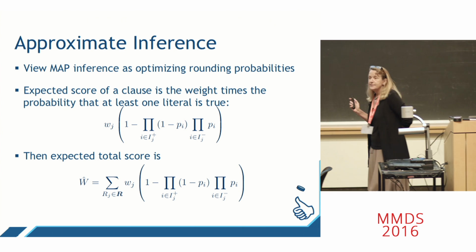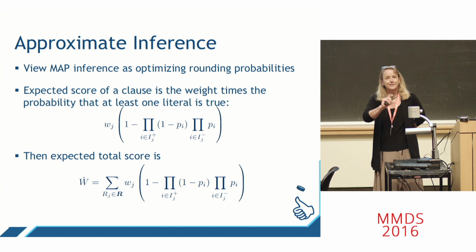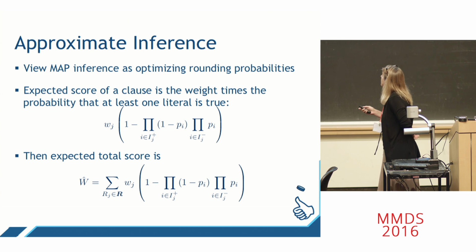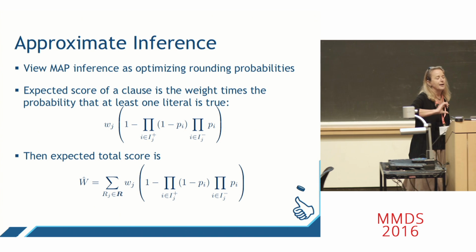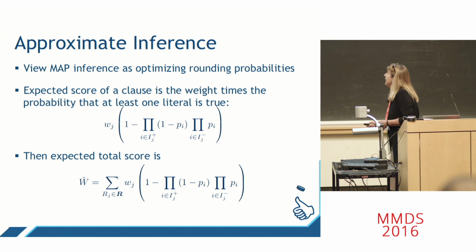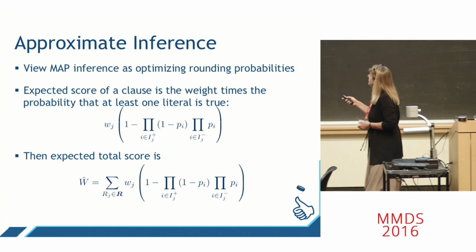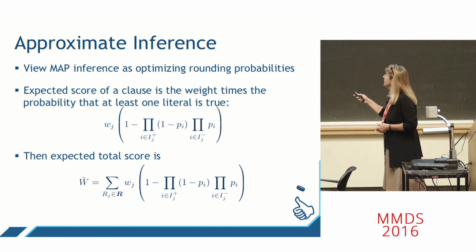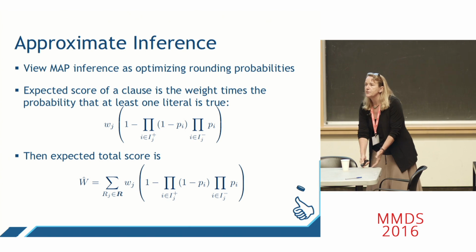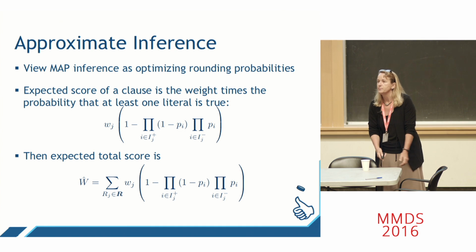So now I'm going to start making the switch. And instead of viewing this as these combinatorial values between 0 and 1, I'm going to now change the interpretation to a rounding probability. So the probability that I round up to 1 or down to 0. In that case, I can define the expected score of a clause as the probability that at least one of those terms in the disjunction ends up being true.